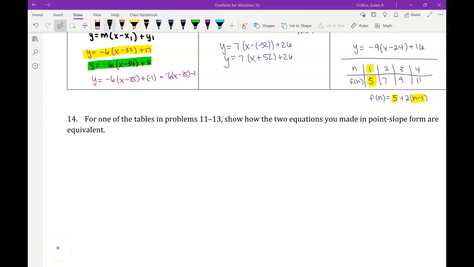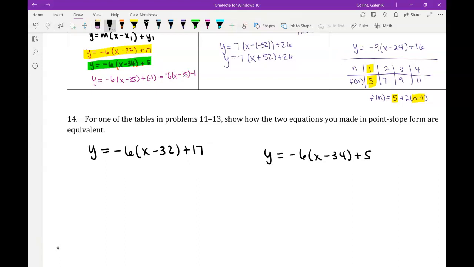All right, while there are infinitely many ways that we could do this, I'm going to suggest what some students suggested in class today. When I look at this, I'm just looking at my first equation, but the other one I'm going to use is this other one that was highlighted green from number 11.